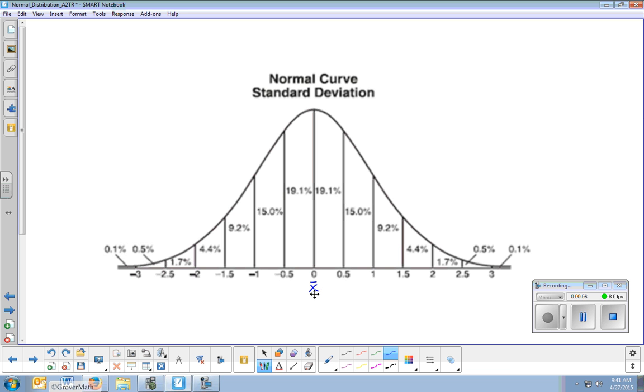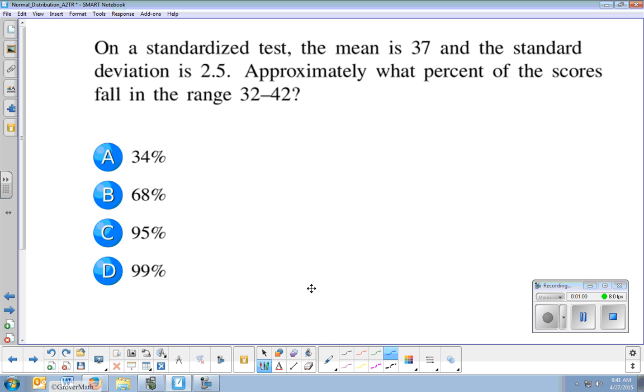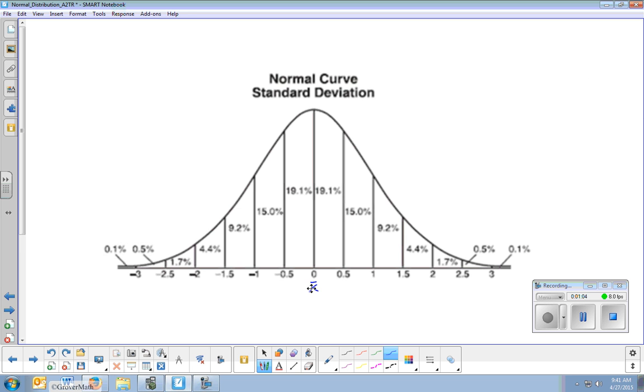And so if you have an average, let me look at this first example. The average is 37, the standard deviation is 2.5. That's the kind of information that's given to you in these problems: you'll be given an average and a standard deviation. Like if we said there was a group of people and the average weight was 150 pounds, and the standard deviation is 10 pounds, then this one would represent one standard deviation above the mean.